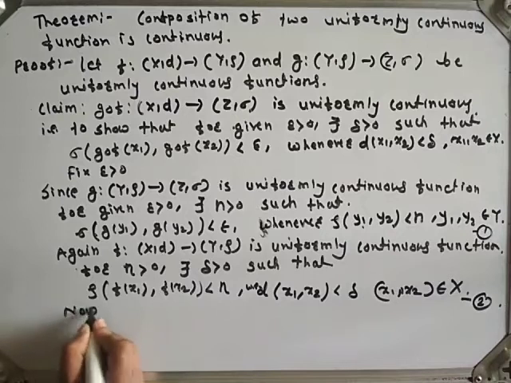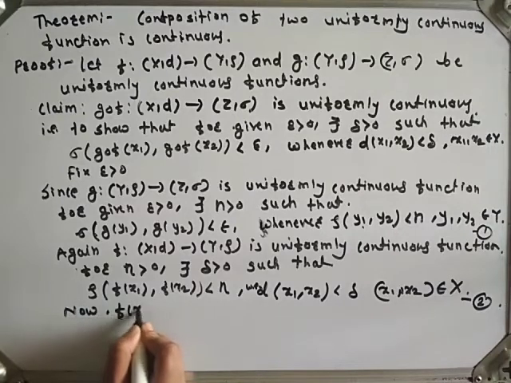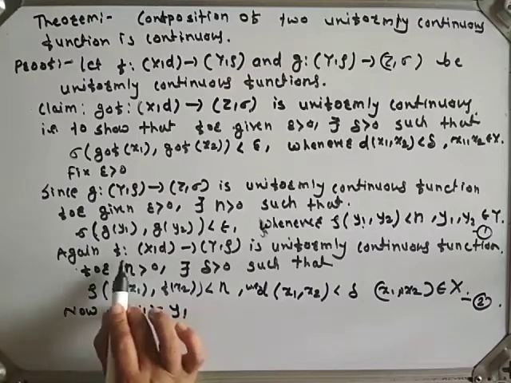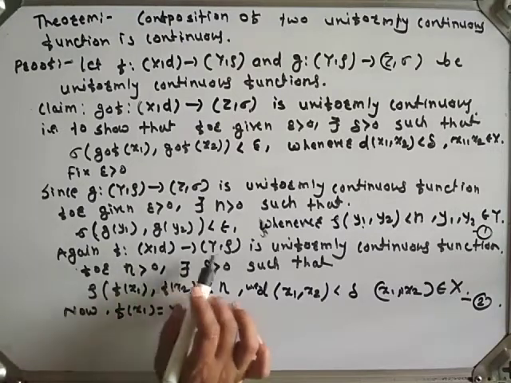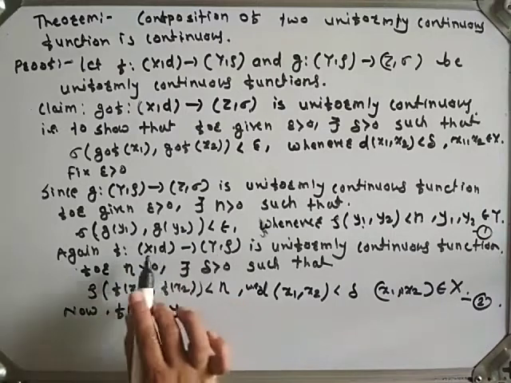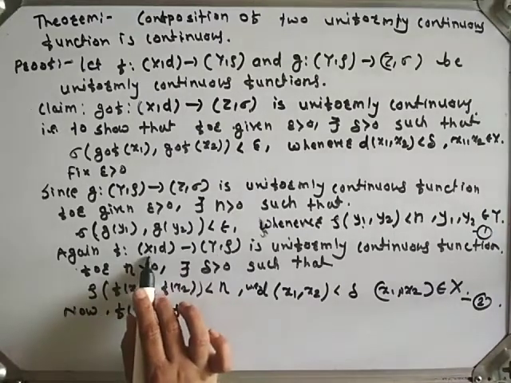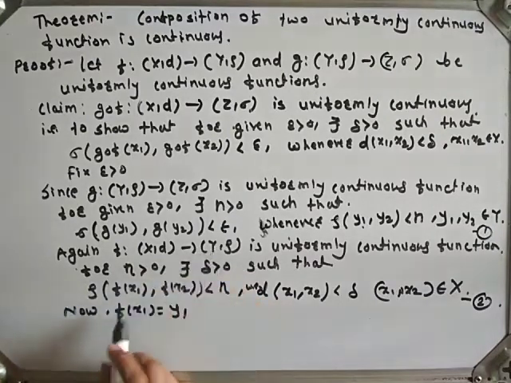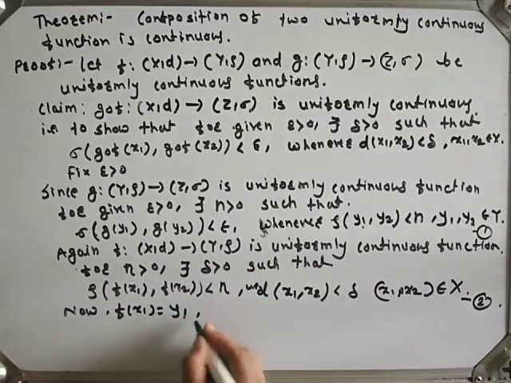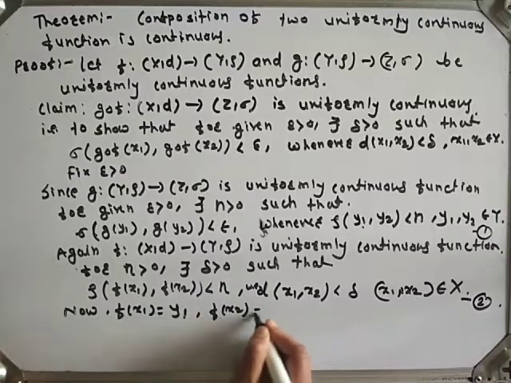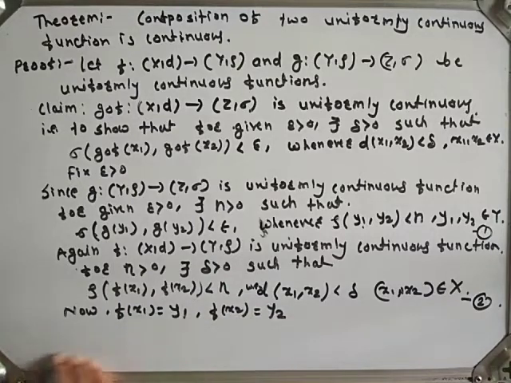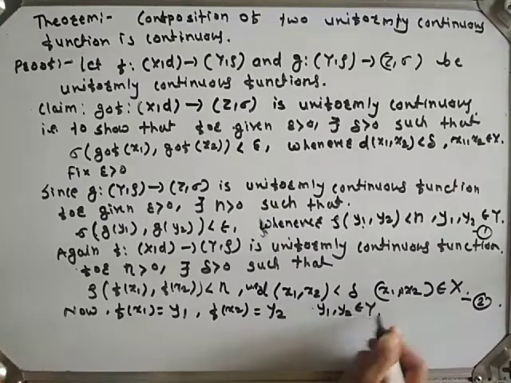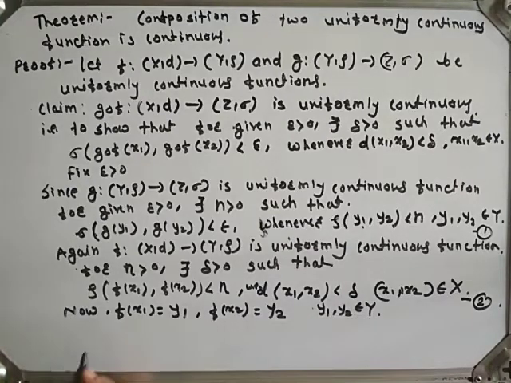Now f of x1 is equal to y1. Why? Because our function is from X to Y. x1 and x2 belong to capital X, and y1 and y2 belong to capital Y. So f of x1 is equal to y1 and f of x2 is equal to y2. Okay.